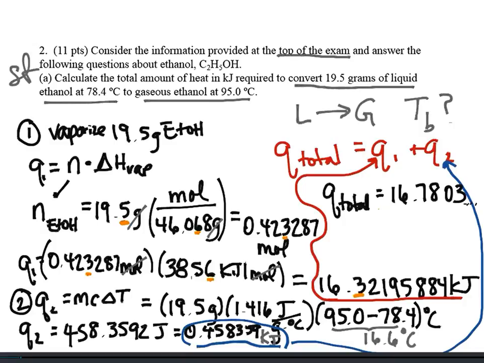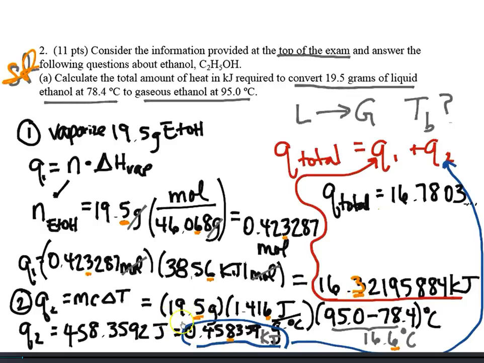Now when we figure out significant figures, we're going to do that in orange. Here we have 3 sig figs multiplied by, this probably has 4 sig figs. That means that 0.423 has 3 sig figs multiplied by the heat of vaporization, which has 4, which means that this number of kilojoules here, 16.3, is accurate to the tenths place, 0.3.